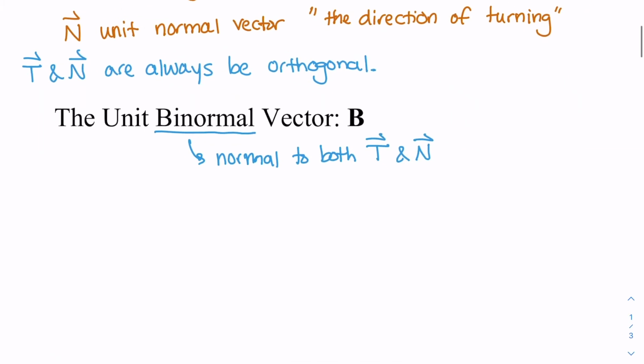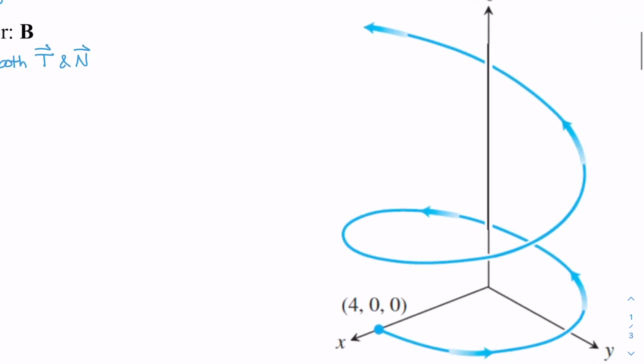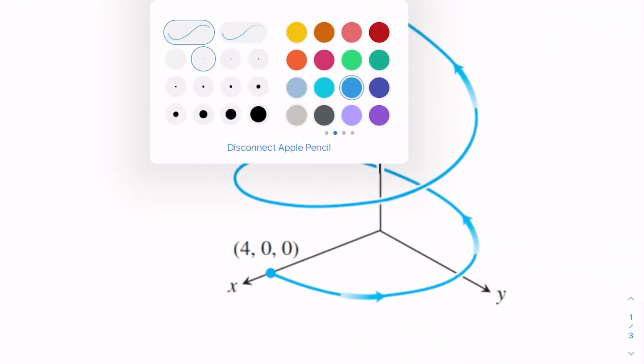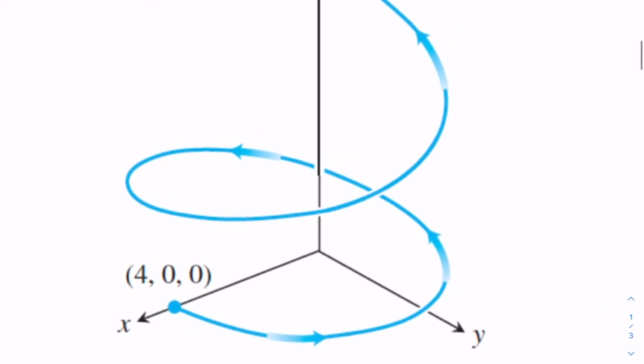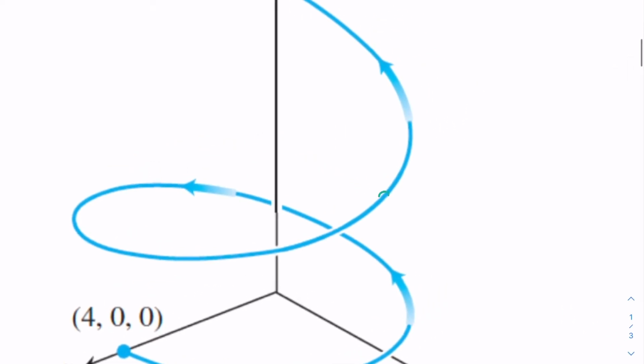So if I were to just draw a picture over here, I might say that at this point here, we have a unit tangent vector pointing in this direction. We know the unit normal vector would point in that direction, in the direction of turning.